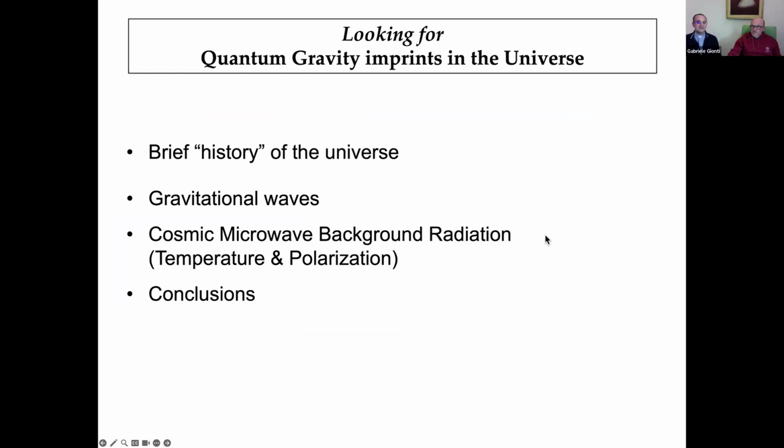My talk is divided in two parts. First, I will focus on how it's possible to see quantum gravity signal imprints in the early universe. A quick history of cosmology of the universe.